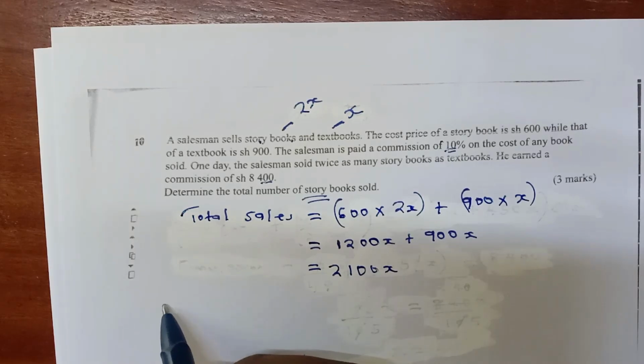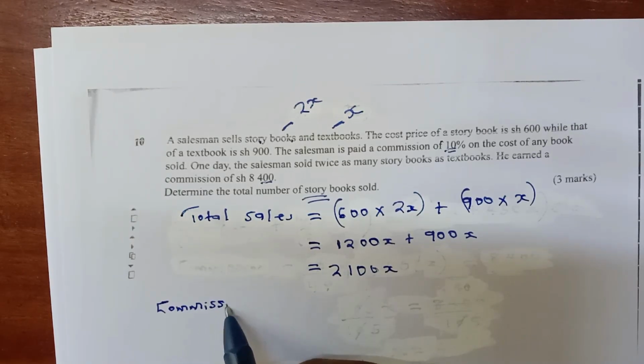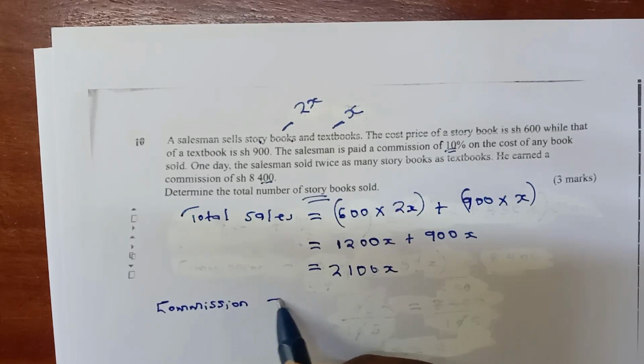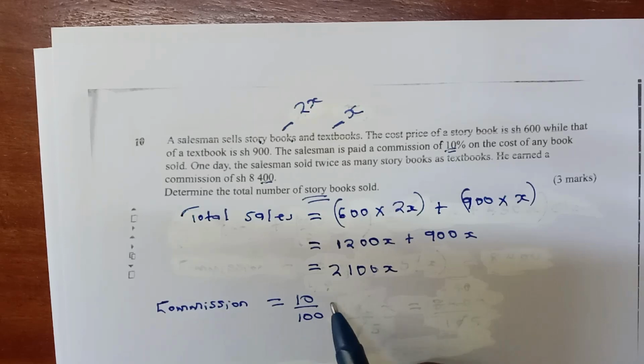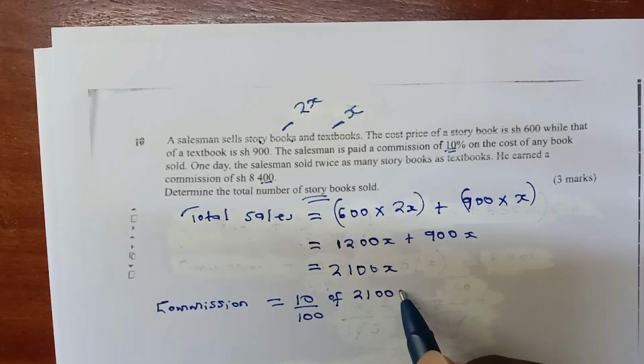So we find the commission this particular person earned. Commission of 10% is 10 over 100 of the total sales, which is 2100X shillings. As a quick spot check, after cancellation, you find that the commission here is going to be 210X.